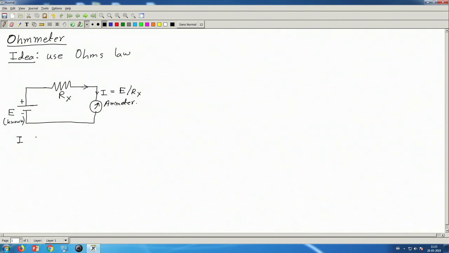Now, I is observed. That means, by looking at the pointer position of this ammeter, we can find the value of I. E is already known. So, Rx can be found as E by I. So, this will be the value of Rx.